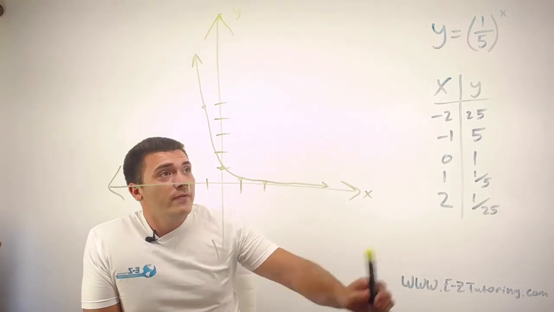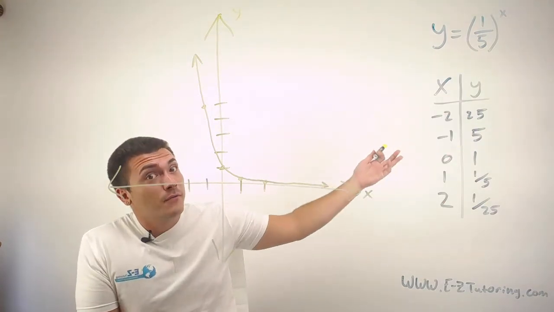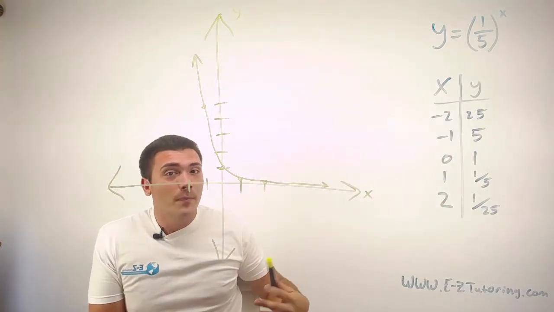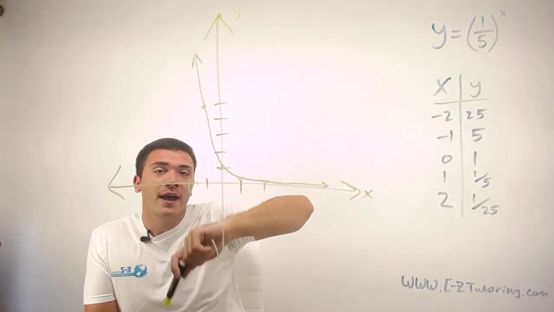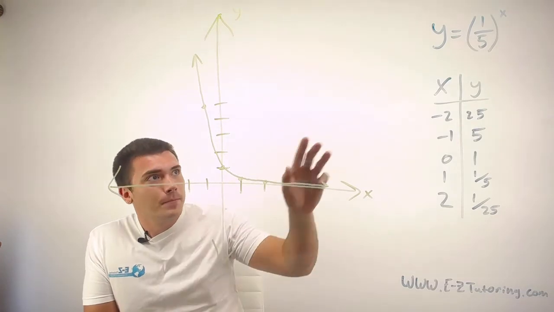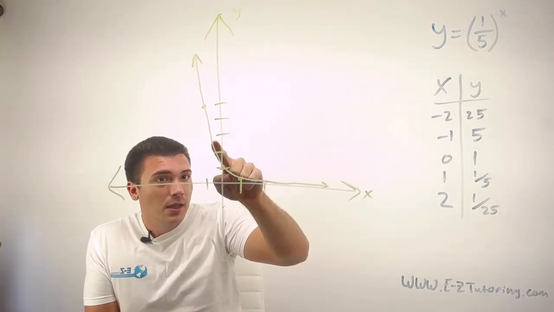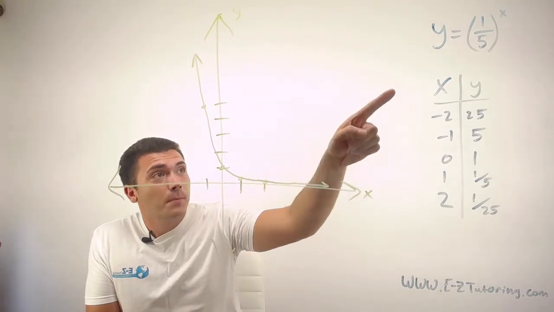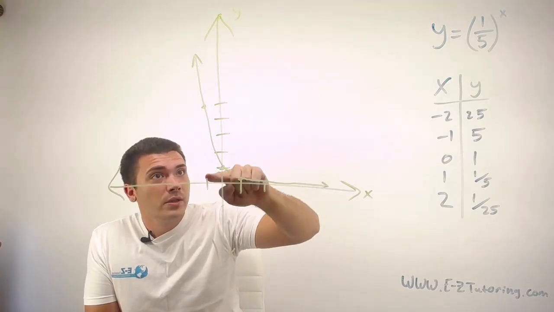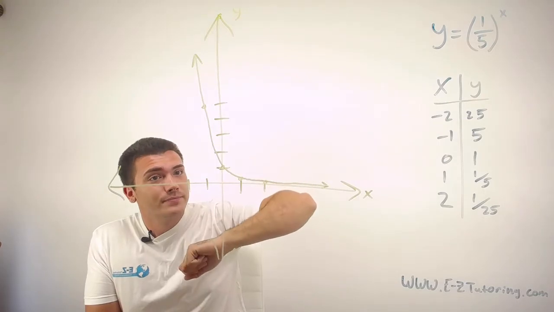So when you have a number that's bigger than 1, like 5, the more powers that you put on 5, the bigger the number gets and ends up going up really high. So numbers that are less than 1 will decrease to the right, and numbers that are bigger than 1 will increase to the right.